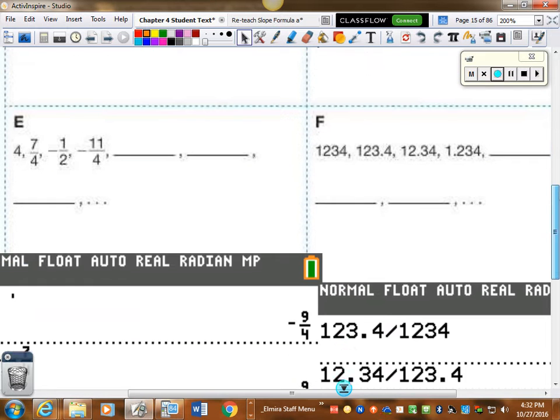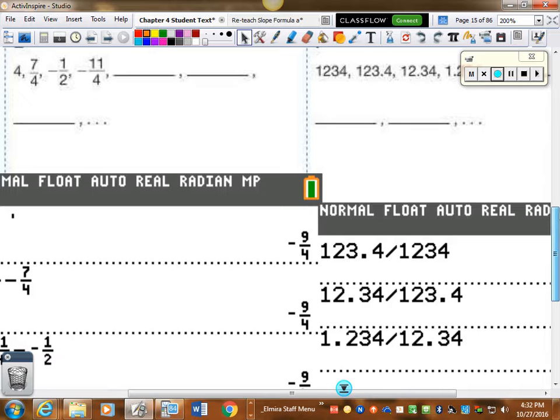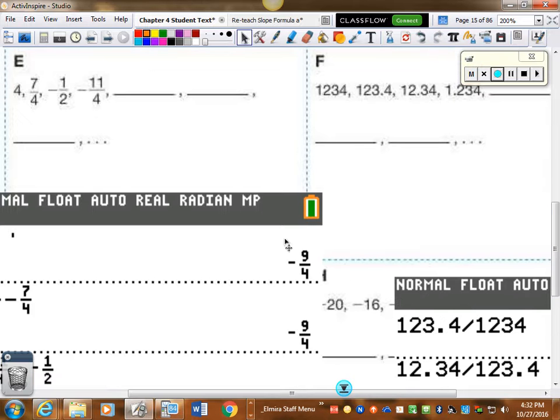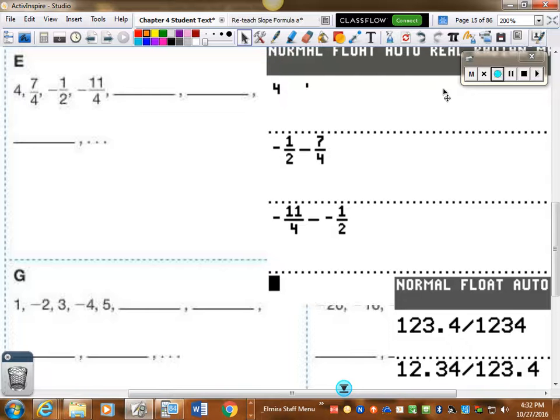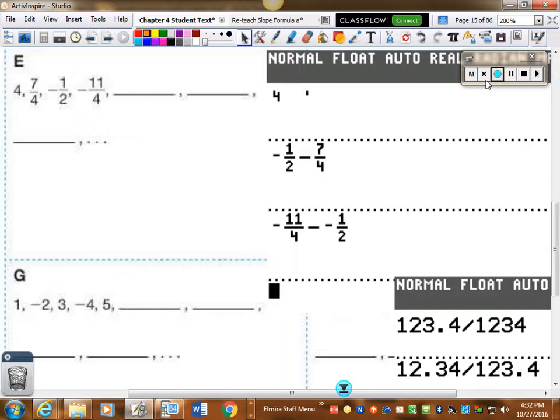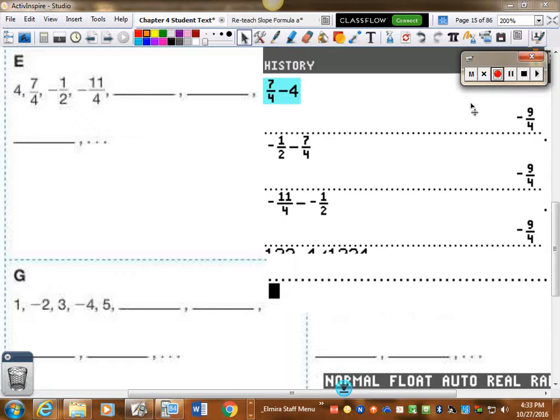Okay, E and F were tough, and they're ones that, guys, you've got to type into a calculator. So let's look at E, and my calculator got cut off a little. Let me see if I can bring it back. Okay, good. This is the calculator work that I did for E. I subtracted, I didn't start at the end, I confess. 7/4 minus 4, and I got negative 9/4.